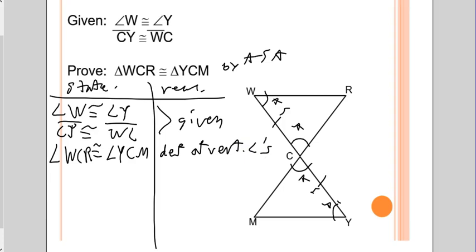And I'm done. Triangle WCR is congruent to triangle YCM. And that is by ASA. Easy enough.